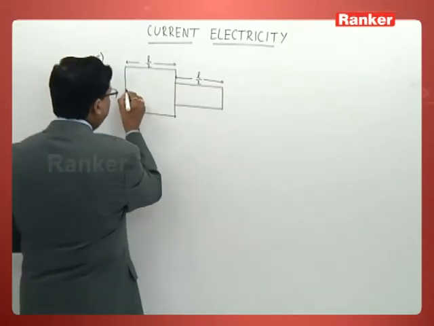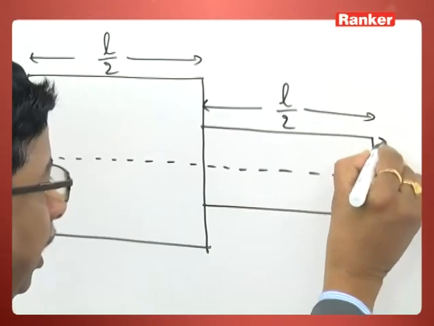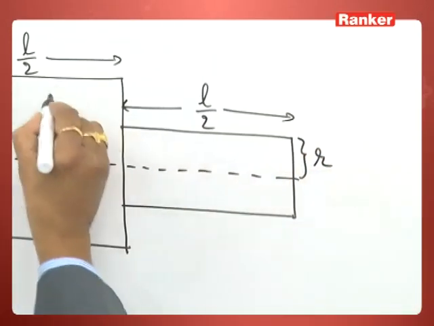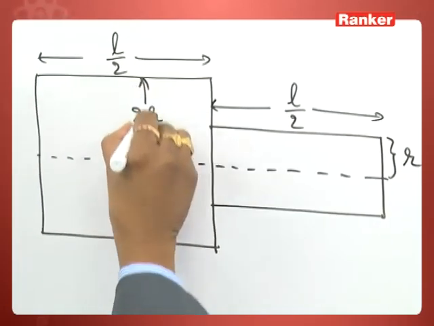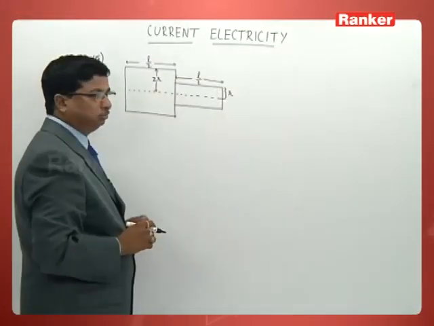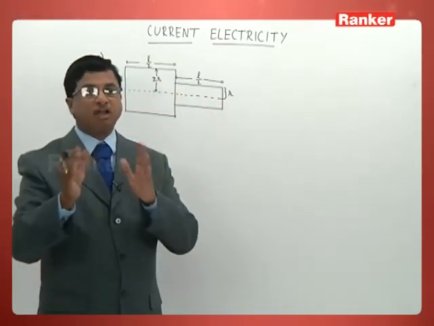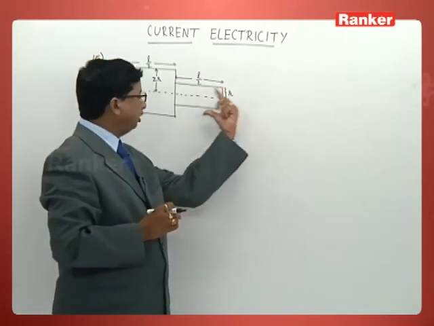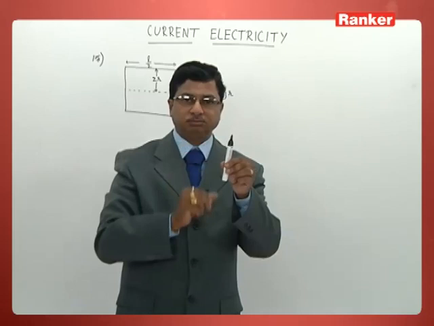If I take this one as the axis, this radius is given as r, this radius is given as 2r. That means the radii of cross section are different. This is a bar, which you can understand is like a cylinder.